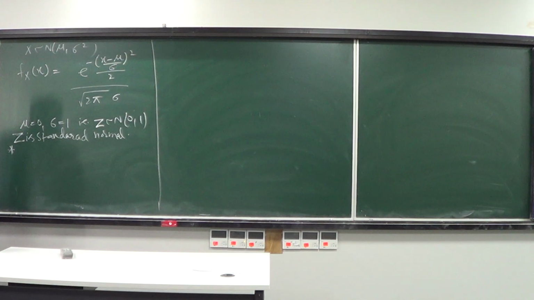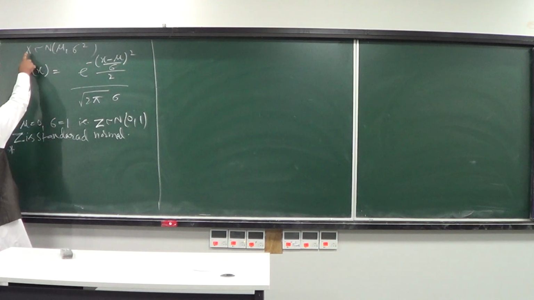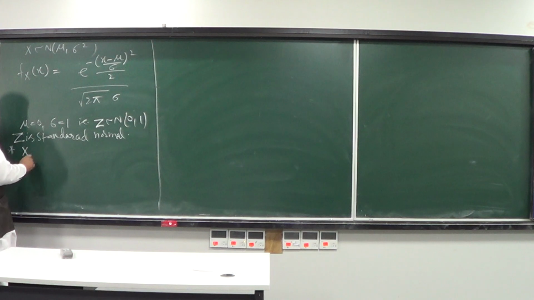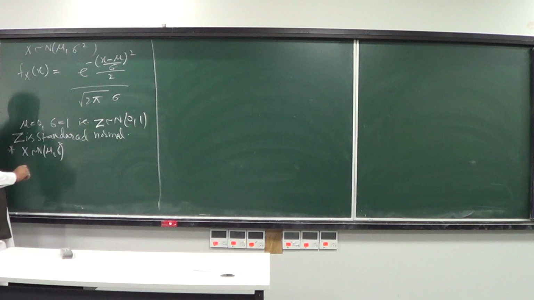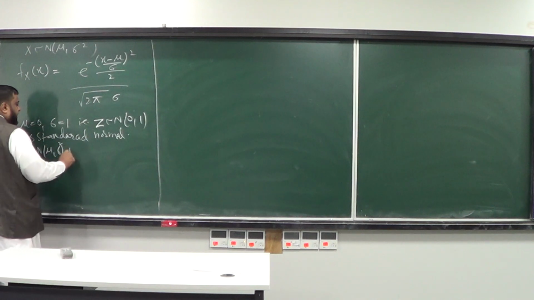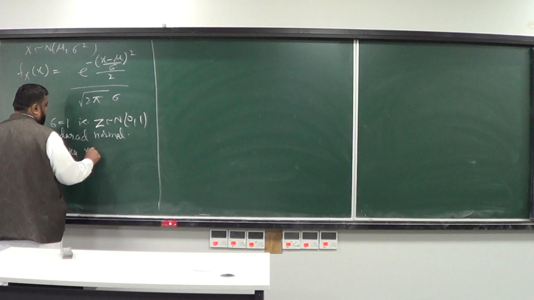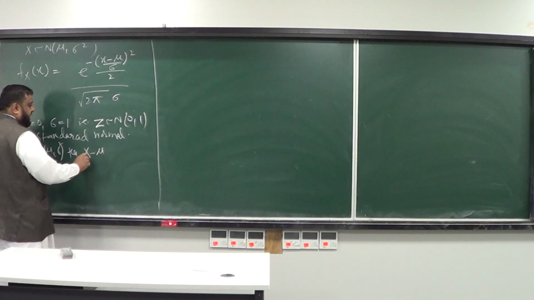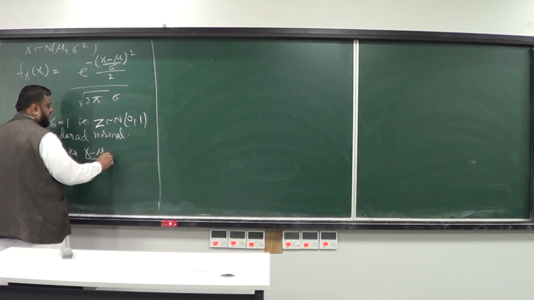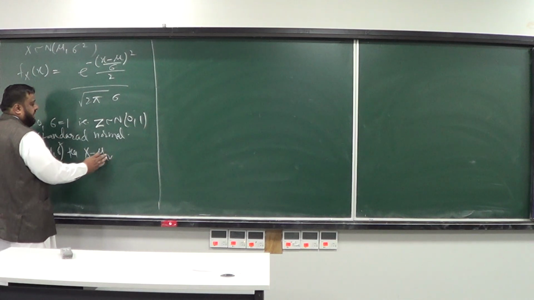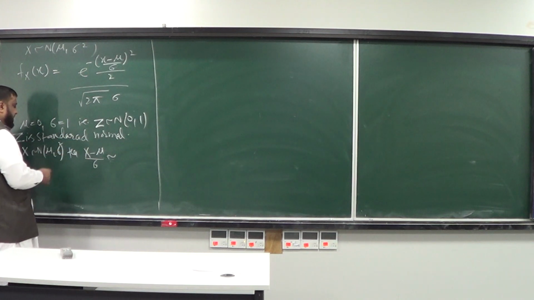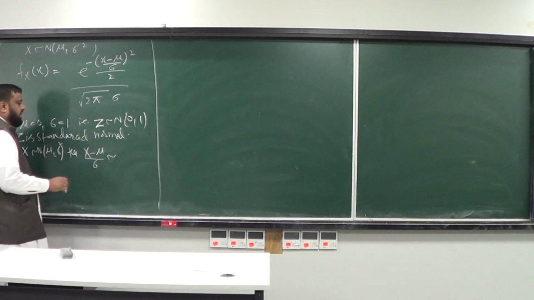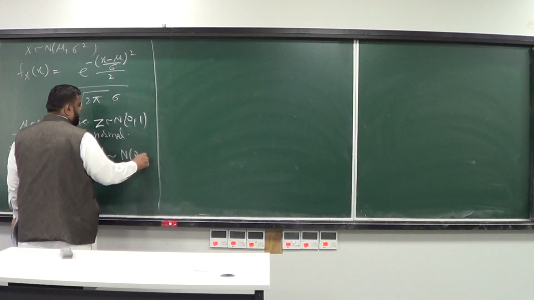One important property we discussed was that if x is a normally distributed random variable with mean mu and variance sigma square, then if you subtract mu from it and divide it by the standard deviation, this new random variable, which we call the standardization of the non-standard normal random variable, is basically a standard normal random variable.